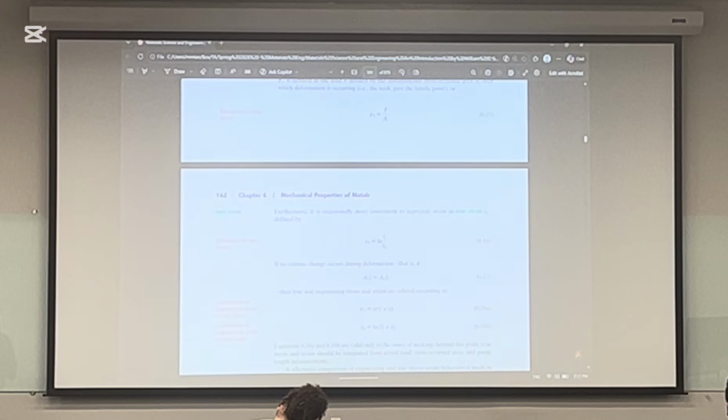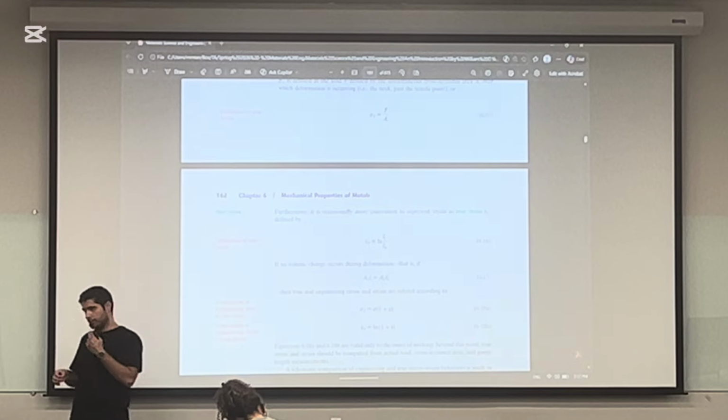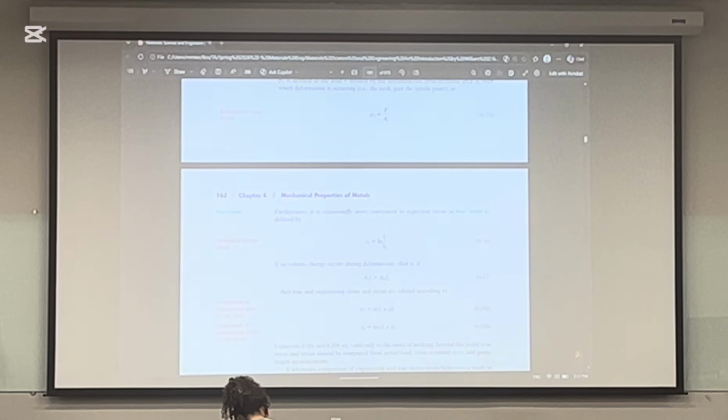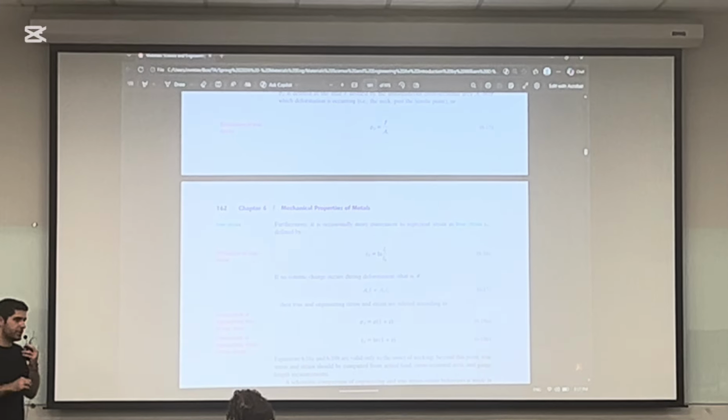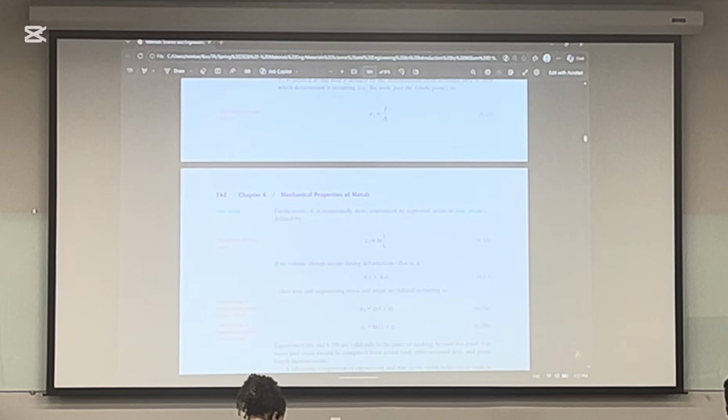Also, the cross section changes, right? So the true stress is the real-time force divided by the real-time cross-section. That's the concept behind true stress and true strain.